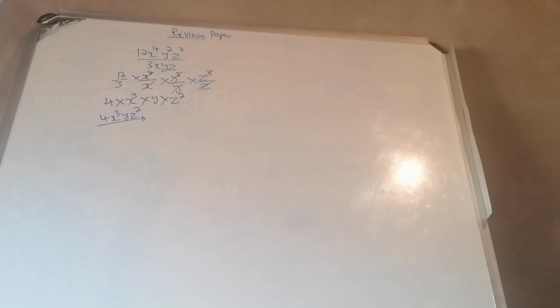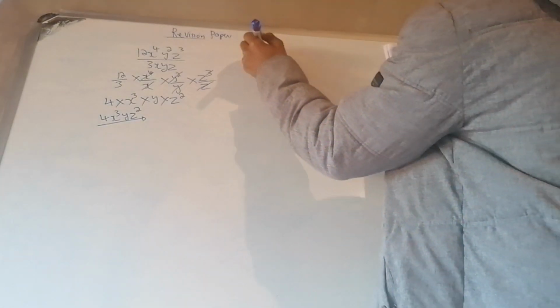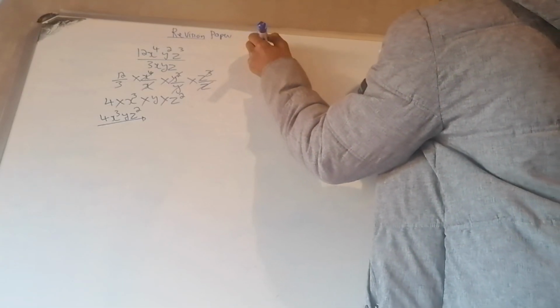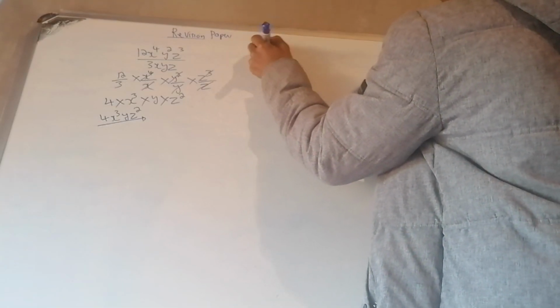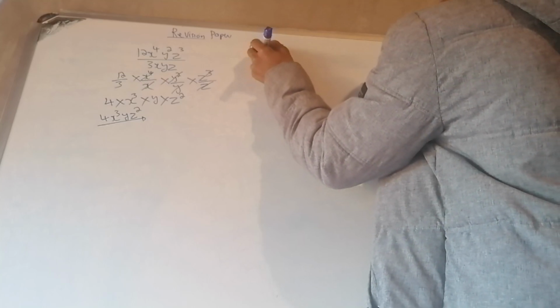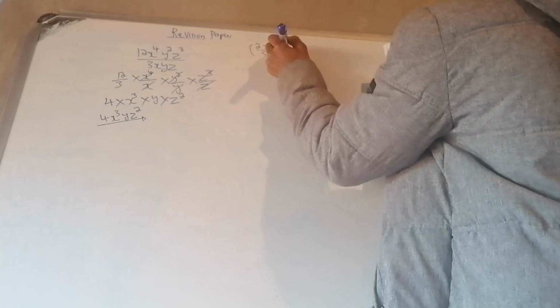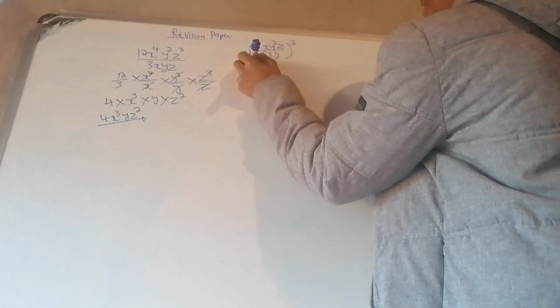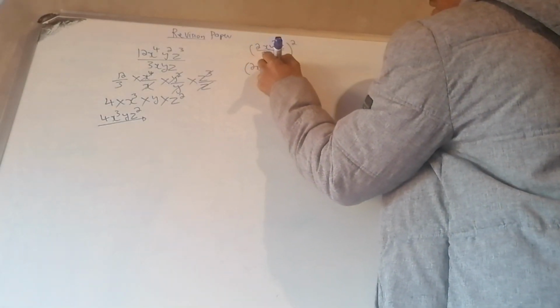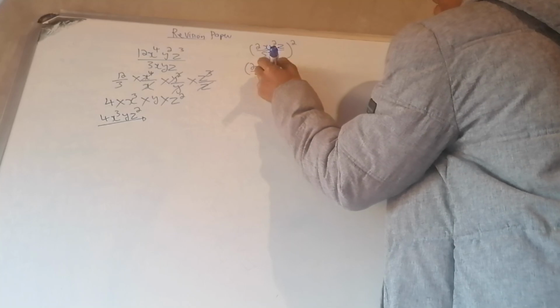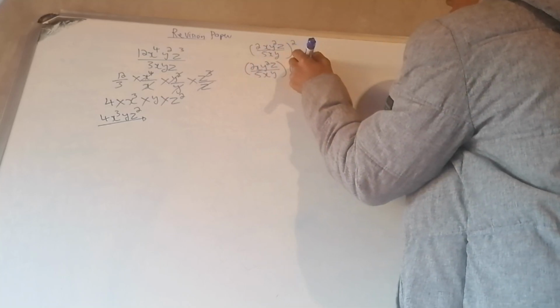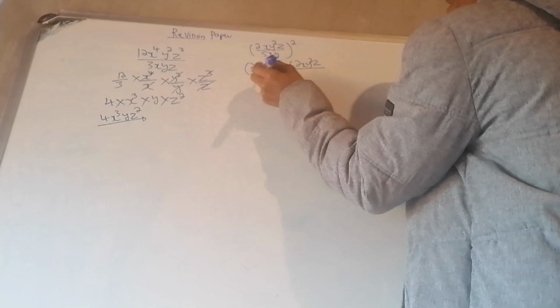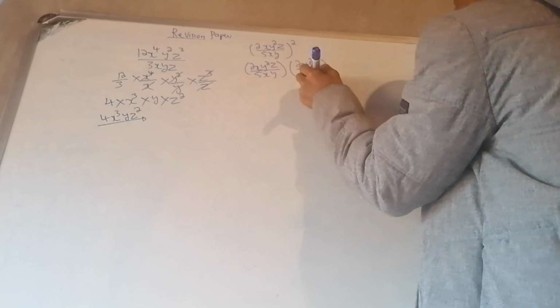You are fully done. Now, another one: 2xy squared z divided by 5xy squared. Squared means we put it in twice. So we have 2xy squared z over 5xy.